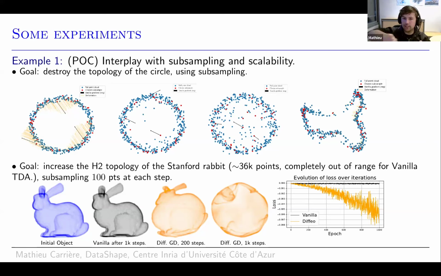So it's the second part. As long as you have a loss that's well defined and differentiable, you should be able to use it in that context. Yeah. Cool, thank you.